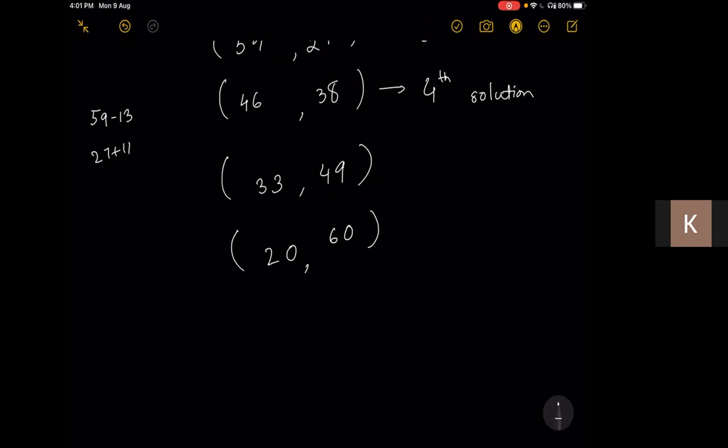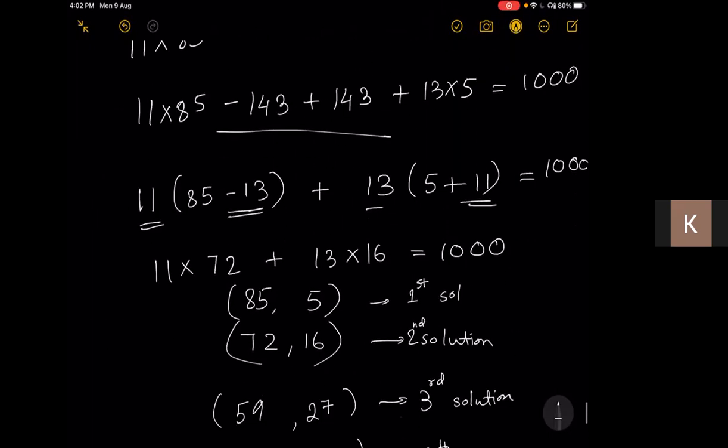Am I right? Someone please do the calculations. Yes, sir. Okay, what is this? This is 5, this is 6. And what is the next solution? 71. This is the 7.